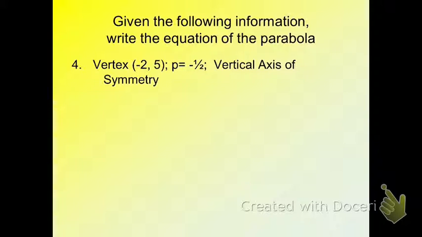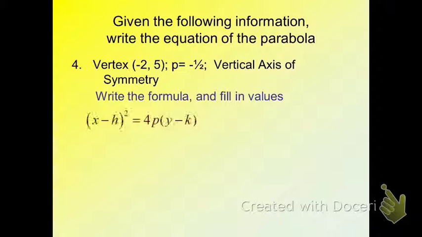So if it is a vertical parabola, what needs to be squared, x or y? X. So I'm going to use that formula right there. So I know my x needs to be squared, so I can go ahead and write this much of my equation. Leave a little space there for that 4p value. If the x value of my vertex is -2, what needs to go in here with the x? +2 or -2? +2.